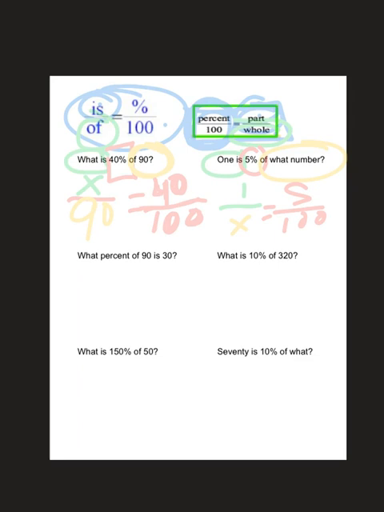Okay. What percent of 90 is 30? So is over of, and then what percent? That's how we write that proportion.